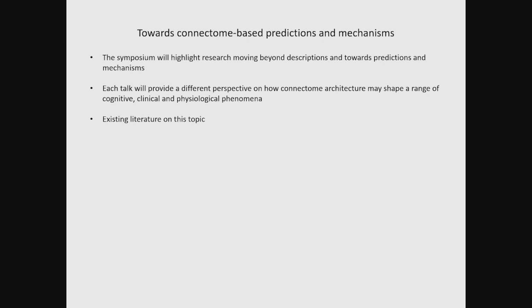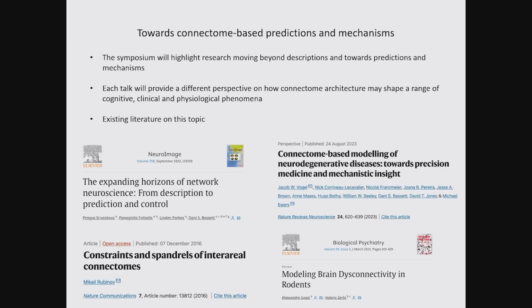Very important to highlight that I'm definitely not the first person to advocate for this shift towards predictions and mechanisms. There are a lot of papers that have done this before, and they have done this better than me, including work by Danny Bassett, Mika Rubinov, Jacob Vogel, who is speaking, and indeed Alessandro Gozzi.